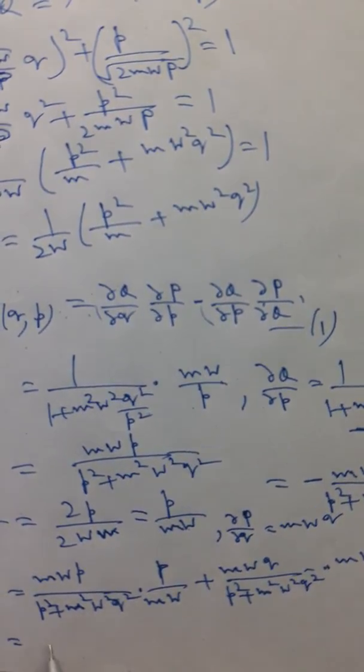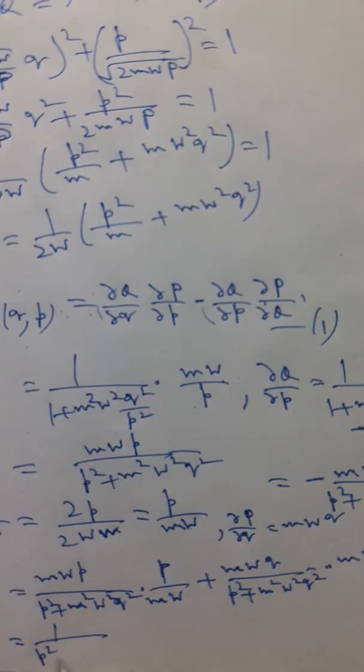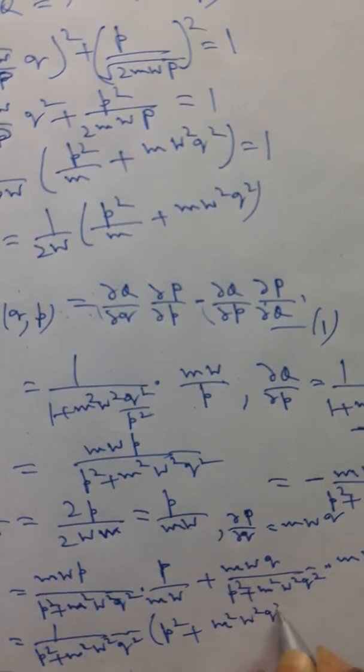So finally, if we take common 1 by p square plus m square omega square q square within the bracket, we find here m omega will cancel, so p square, and here it will be m square omega square q square.